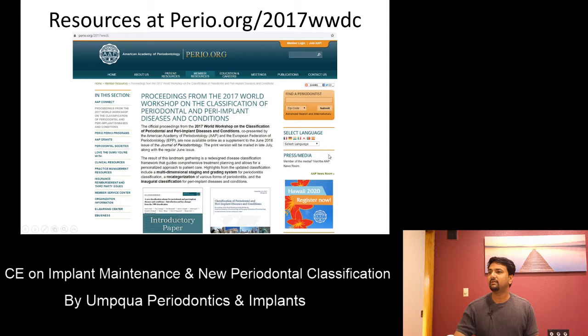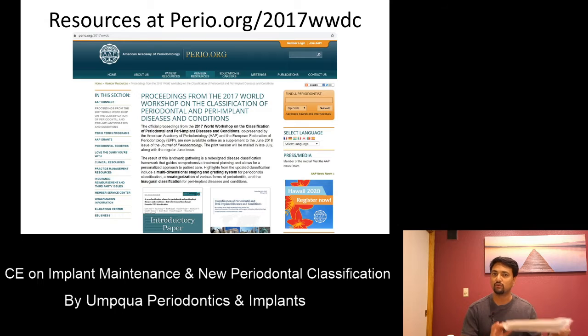So let me point out where you can find resources on this new classification. If you go to perio.org/2017 WWDC, which means World Workshop on Disease Classification, you can find a bunch of resources, including some handouts which could be really useful chairside for everyday practice.